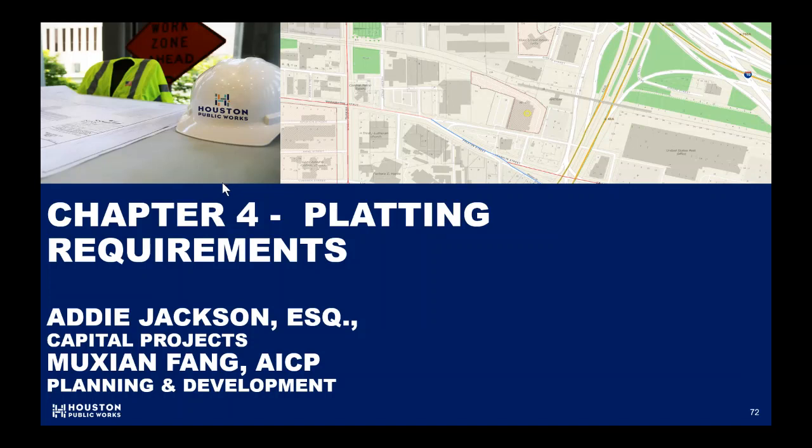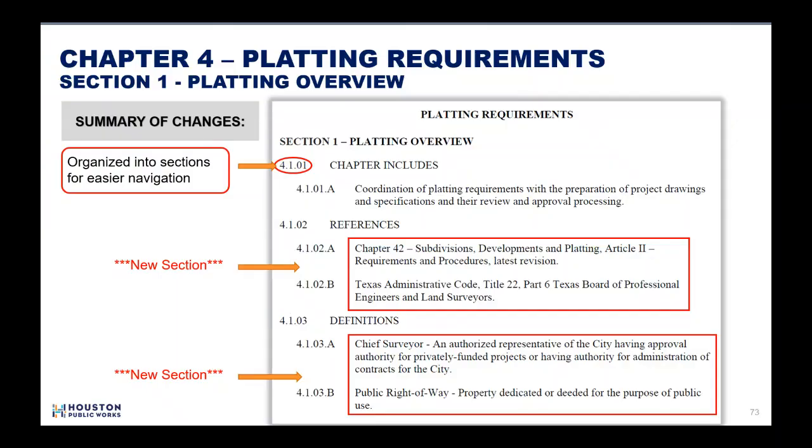There were not a great deal of substantive changes to Chapter 4. A lot of the changes were more organizational, so it conforms with the IDM. We will go over all of them in a couple of seconds. One of the changes I would like to bring to your attention is that Chapter 4 is now divided into two sections.